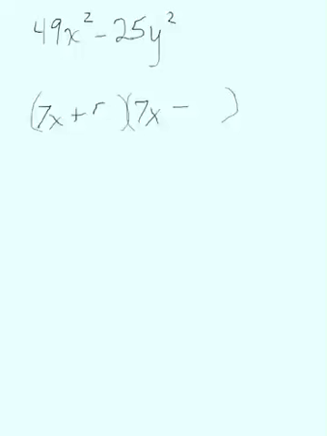So these would be 5y. Make sense? Questions on that specific one before we do another one? If it was a plus sign, it wouldn't work.